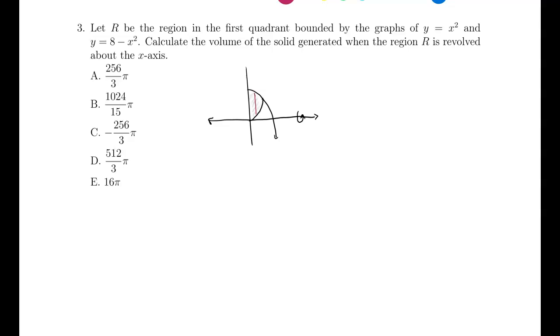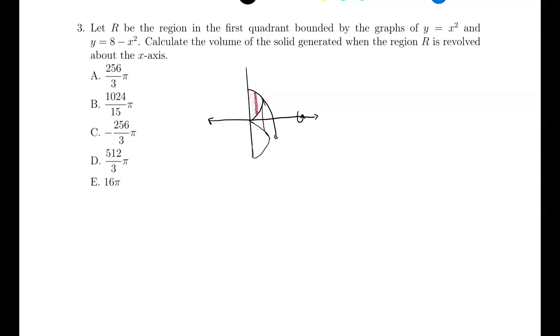So first let's create a vertical strip, and we want to rotate that about the x-axis. That means that this curve here will have a mirror image of that curve. We just need a rough sketch.